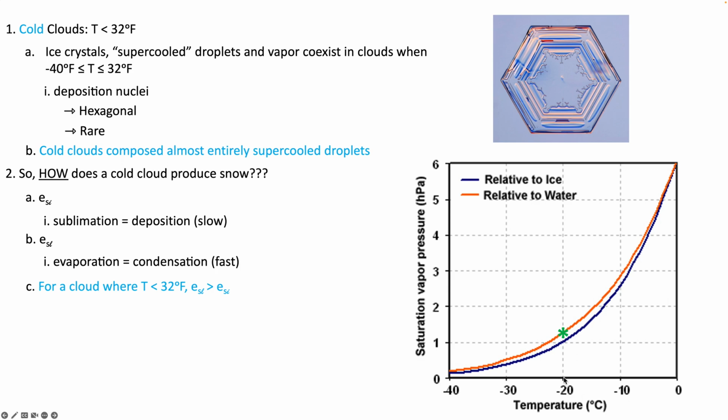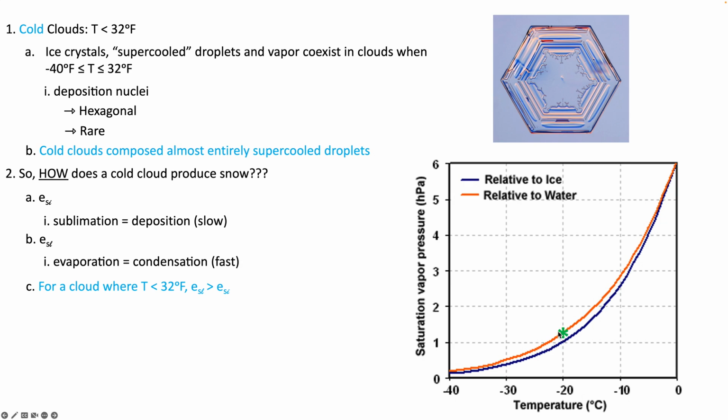So what we see is that if we go from the bottom of our diagram where the vapor pressure is 0, and we actually increase the vapor content of the air, what we see is that the air becomes saturated around the crystal, or it gets onto the blue curve, at a lower value than it is for the red curve.